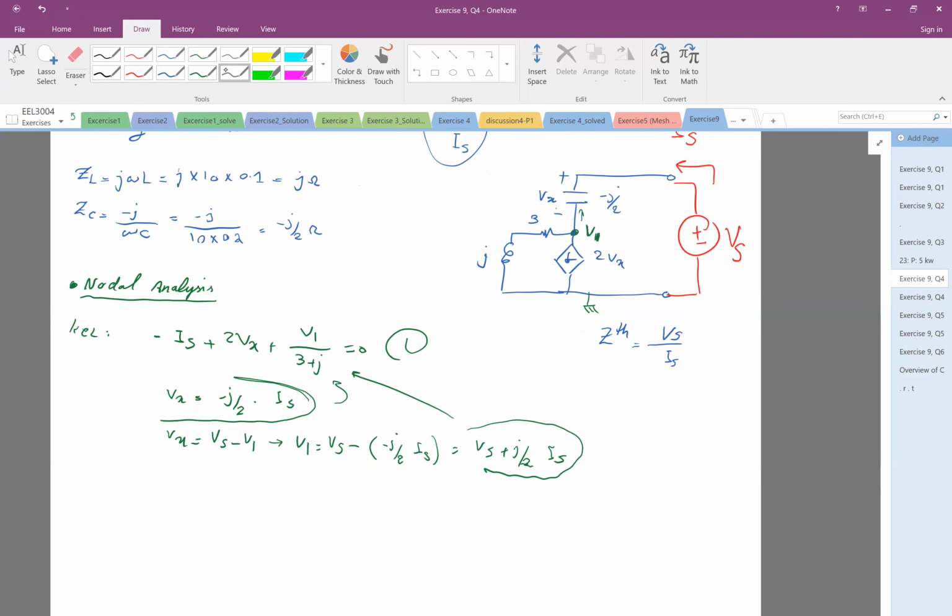So negative Is plus 2Vx, which is minus j Is, plus V1 divided by 3 plus j, where V1 is Vs plus j over 2 Is, is equal to 0. Okay, very good.